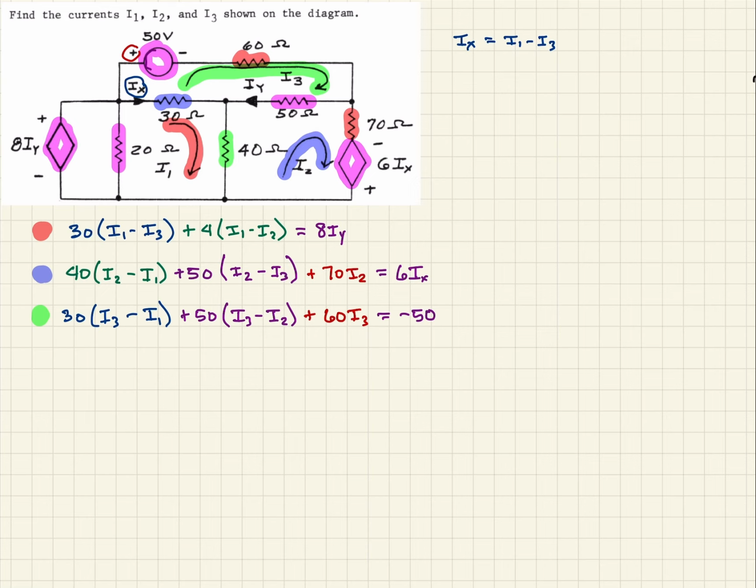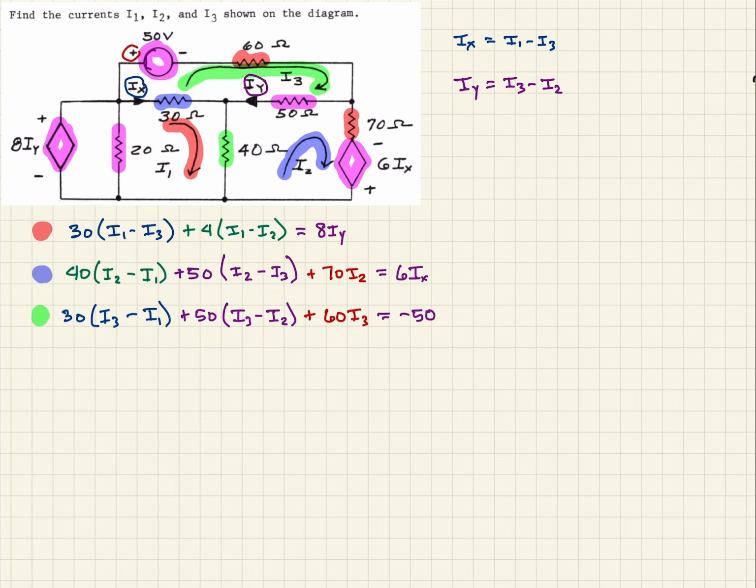So we'll need to keep that in mind. And then the other current, which is going through this 50 ohm in purple, so we'll keep it purple, this IY is going to be equal to I3 minus I2. So that's the two mesh currents going through that branch.